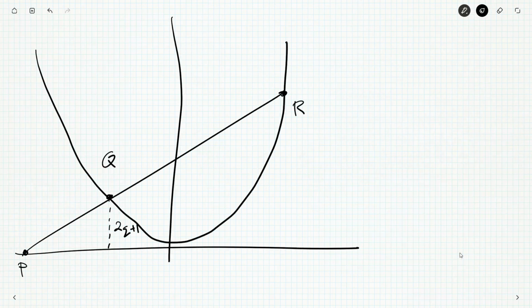Well, 2q plus 1 is here, but these guys are a slope of 1, so rise is equal to run. So, in fact, these have to have the same length.